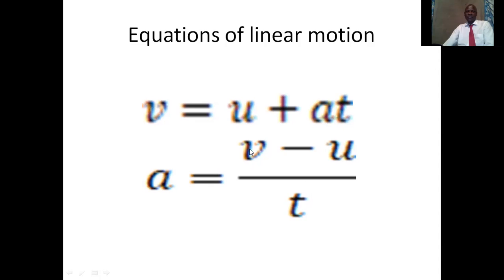So v stands for final velocity, or velocity at the end, and u stands for the velocity at the starting point, which is known as the initial. So again, acceleration is equal to final velocity minus initial velocity over time.